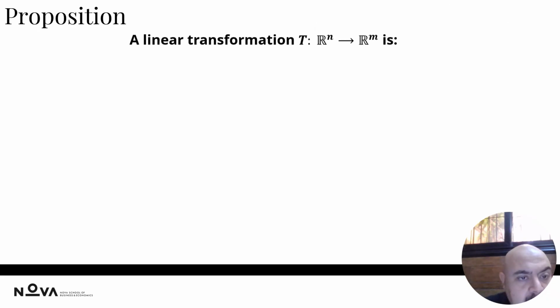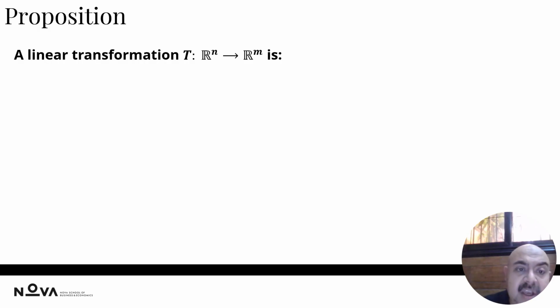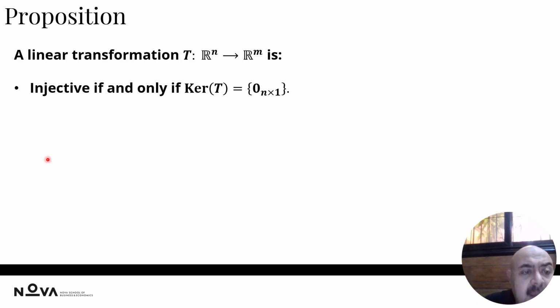Once more, for a proposition, he's saying that a linear transformation T that moves stuff from Rn into Rm is injective if and only if the kernel of T is equal to 0.